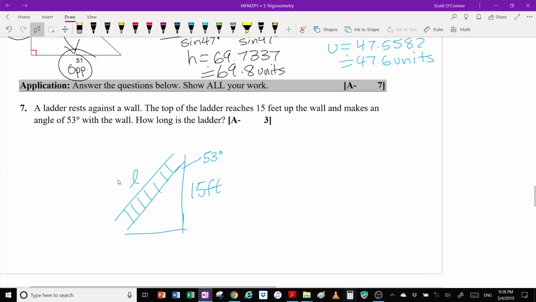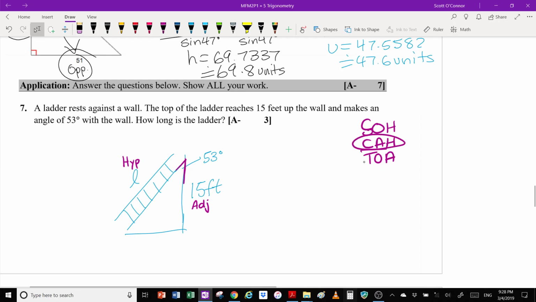Now, to figure out the length of the ladder, I'm going to start by labeling the sides. So I know this is therefore adjacent because it's next to this angle here. And I know that this is the hypotenuse. So I'm doing adjacent and hypotenuse, which is CAH, SOH, CAH, TOA. Which of them uses adjacent and hypotenuse?